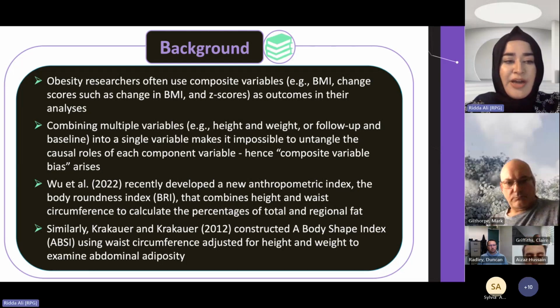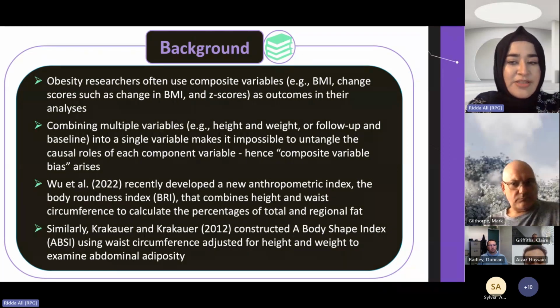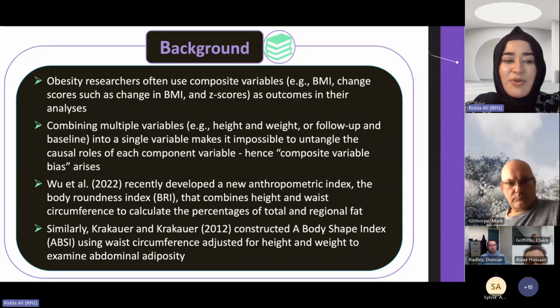It is worth noting that all composite outcomes present similar analytical challenges. So here I have provided you with some two examples. So Wu et al., for example, recently came up with a new index, the body roundness index, to capture the percentages of total and regional fat by combining height and waist circumference.